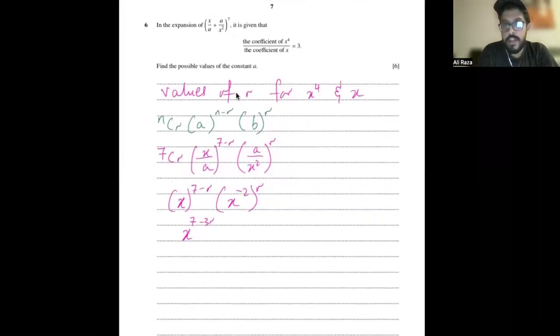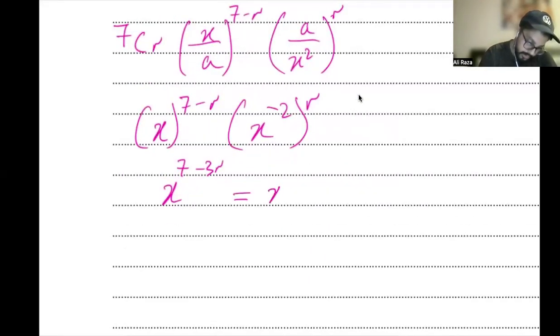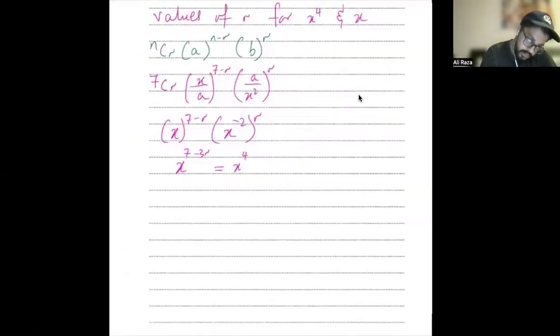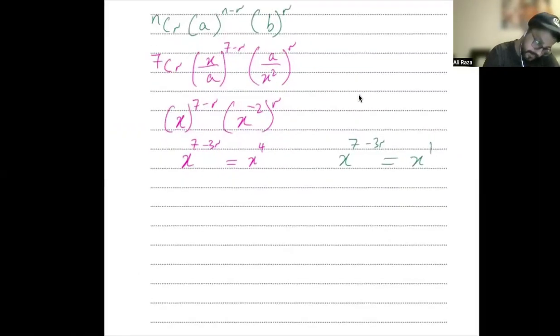And I need the value of r for x power 4 and x power 1. So I'll equate this to x power 4 and I'll equate this to x power 1.